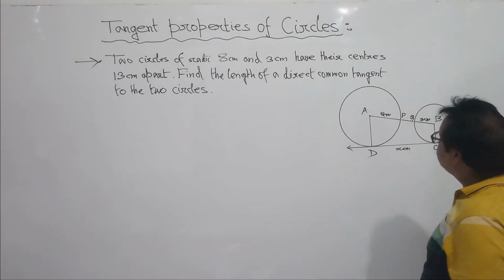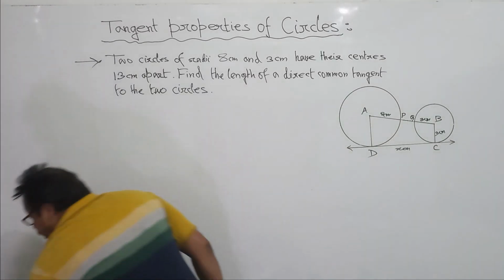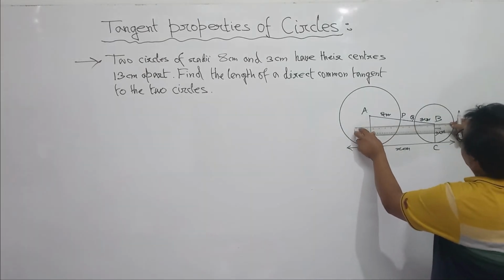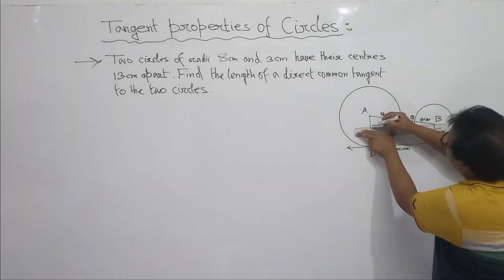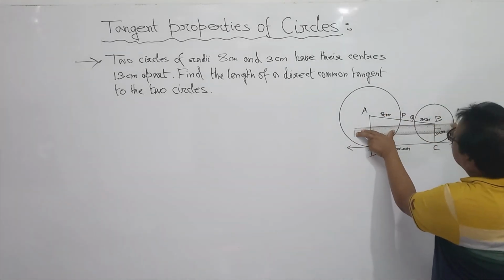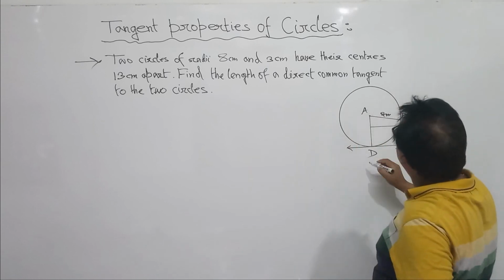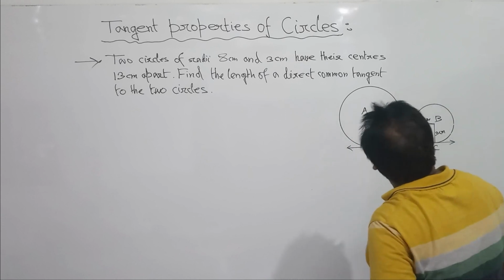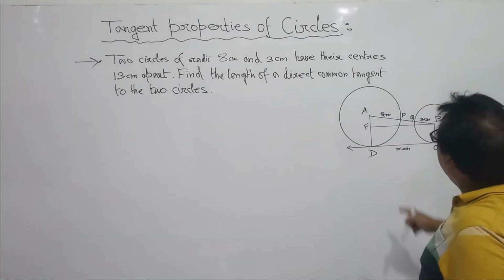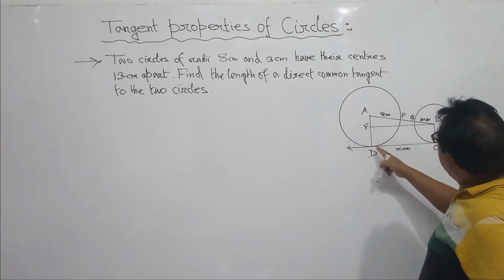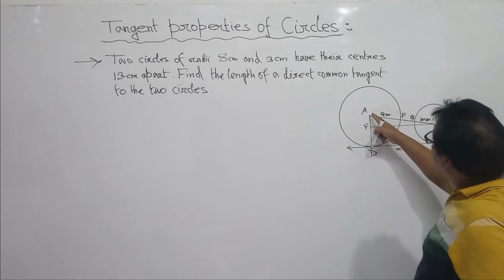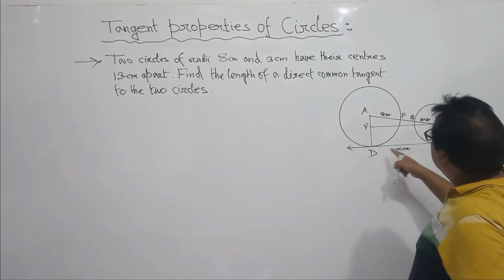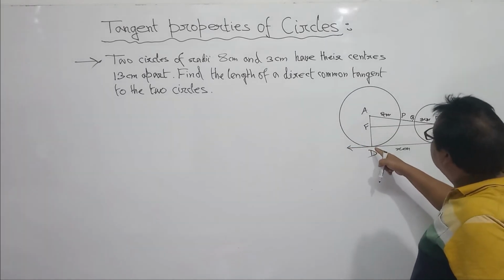Now draw a line parallel to the direct common tangent through B. It is intersecting the radius AD at the point F. See. Now, the angle ADC, that is the radius with the tangent at the point of contact D, always remains what?